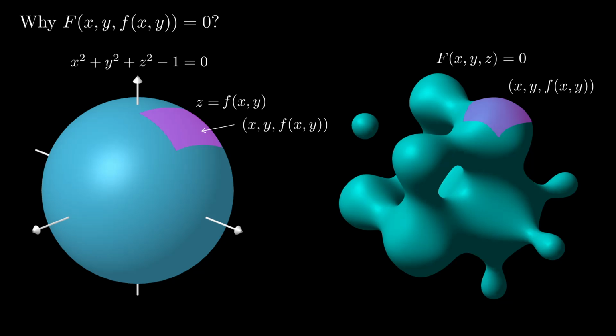This is the form that these points take. Since these points also belong to the surface, they must satisfy this equation, so we can write that big F of x, y, and f of x, y is equal to 0. And that is the condition that we've just written before. So I hope that this may clarify the term.